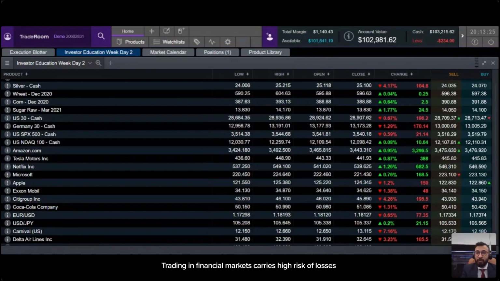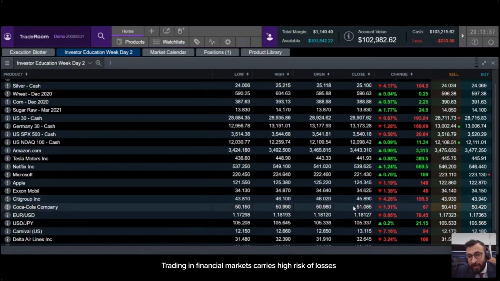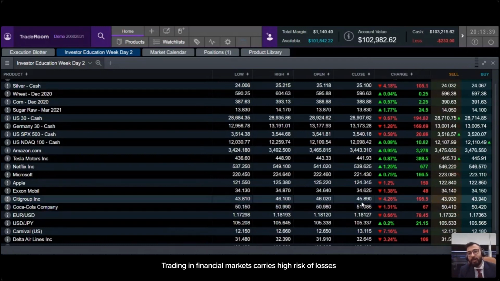But initially, if you see in this watch list here, the lowest of Citigroup is 43.8, highest is 46. It opened directly at 46 and it closed around 45.89 yesterday. So a lot of things might matter, like if their forward guidance, their future outlook, is not as strong as what is expected.